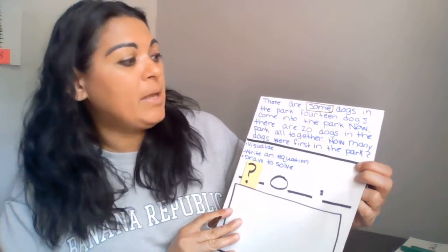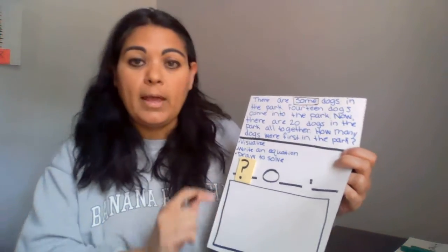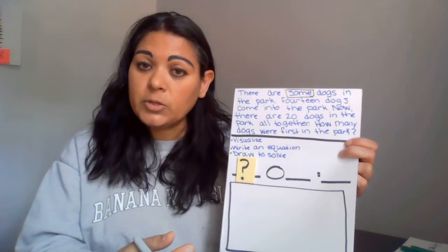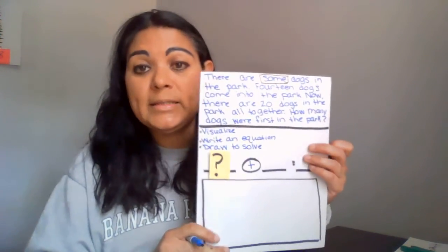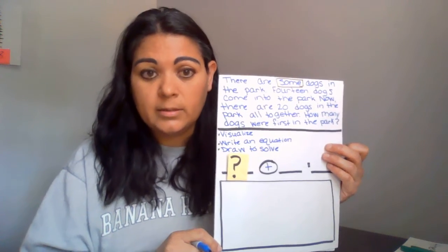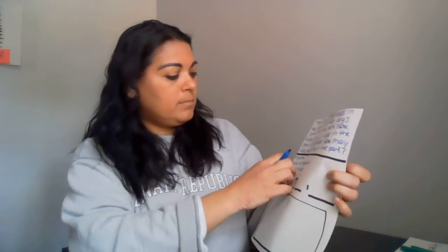14 dogs come into the park. Okay, and like we said, we are what? Adding or subtracting? We are adding. Now there are 20 dogs in the park. Uh-oh.